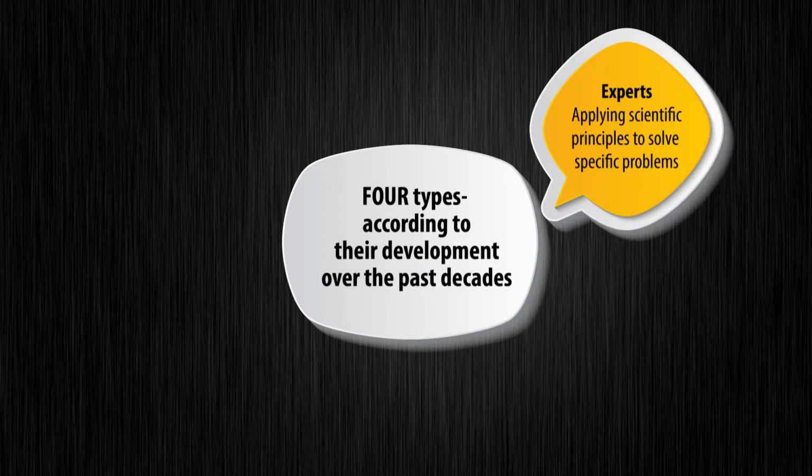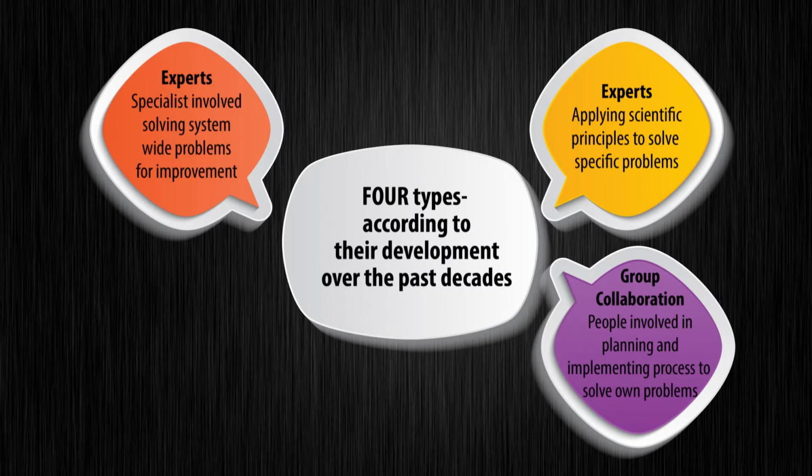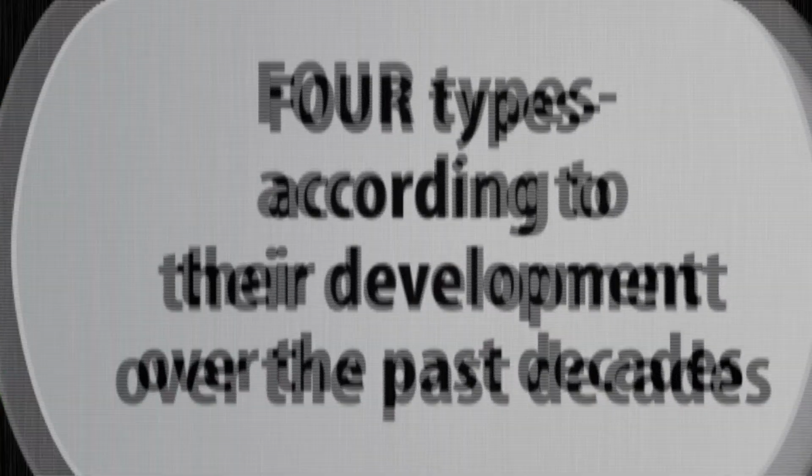That is, the experts applying scientific principles to solve specific problems, or group collaboration, or people involved in planning and implementing process to solve their own problems, or experts, specialists involved in solving system-wide problems for improvements. Lastly, everybody, involvement of everyone working together to improve the capability of the whole system for future performance.